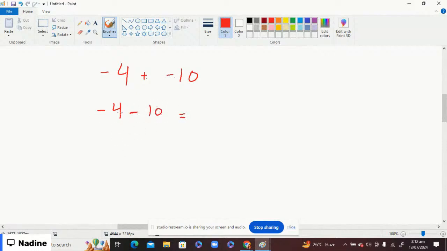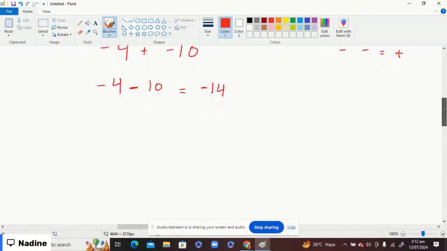So there are two negative signs, which means you are going to add up, because minus minus means addition. So minus 4 and minus 10, what's the answer? It's 14. But with the 14, which sign are you going to put? Negative sign. Why? Because the greater number has a negative sign.